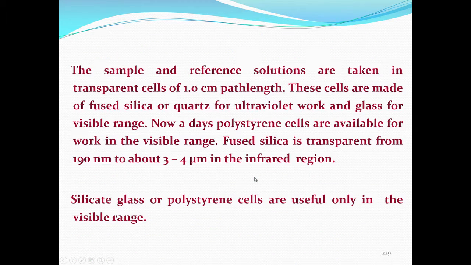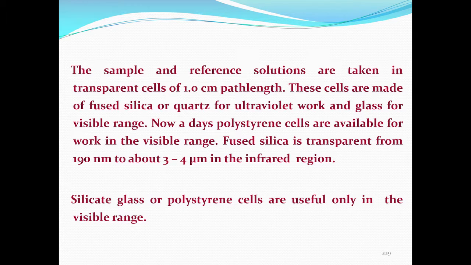The sample and reference solutions are normally taken in cells of about 1 centimeter path length, that is 10 mm. These cells are made of fused silica or quartz. The quartz cells are useful for the ultraviolet range.